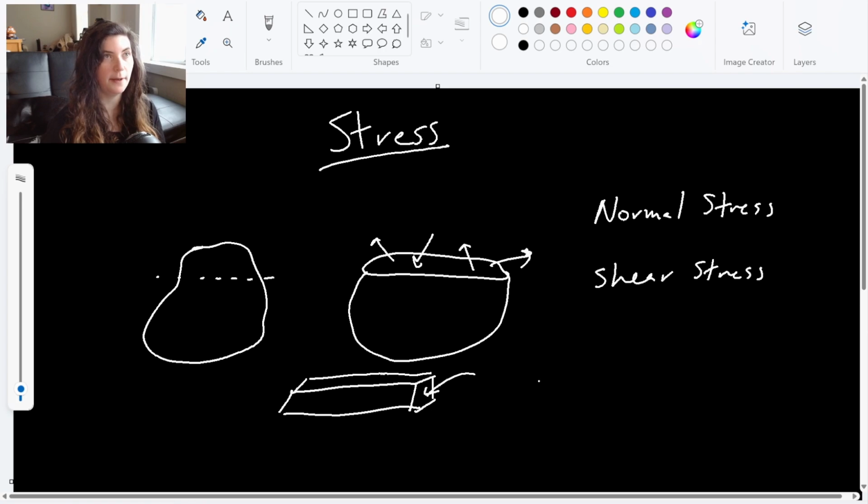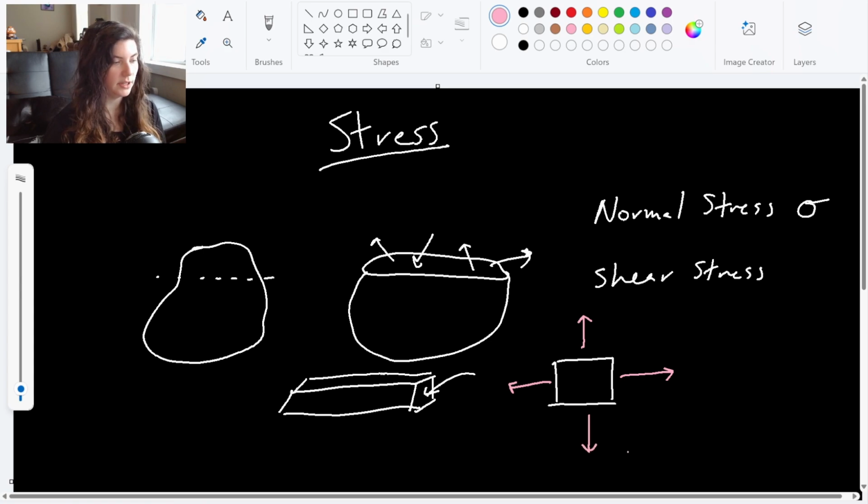If I draw this cross section out here, then what I'm going to see is my normal stress, which we're going to represent with the Greek letter sigma, a lowercase sigma. My normal stress acts normal to that plane, so it's pointing out away. It's perpendicular from these sides.